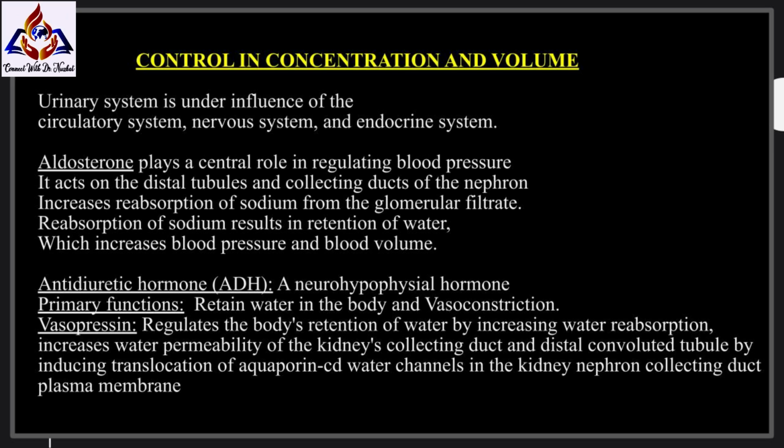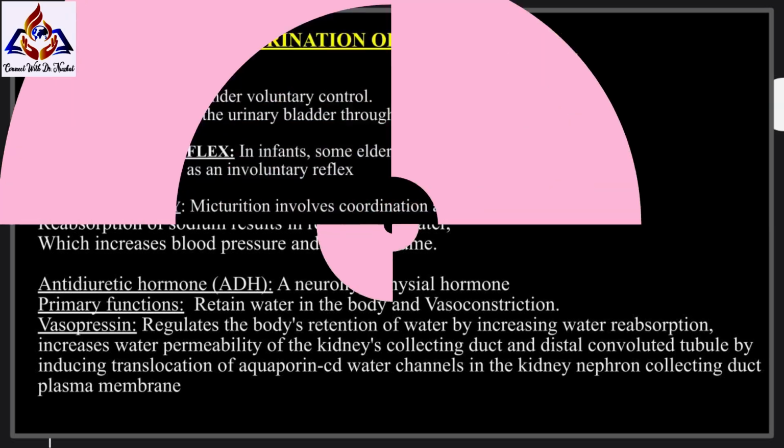Vasopressin increases water permeability of the kidney's collecting duct and distal convoluted tubule by inducing translocation of aquaporin CD water channel in the kidney nephron collecting duct plasma membrane.